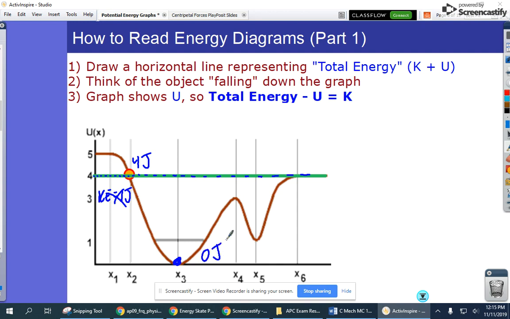So what's its kinetic energy? Well, its kinetic energy is just 4 joules, and we could work it out that way. As we go, it'll go up this hill, gain more potential energy and have less kinetic energy. Over here, it looks like it's going to stop and turn around at x6 because it'll be totally out of kinetic energy. So you can analyze that motion using the graph.